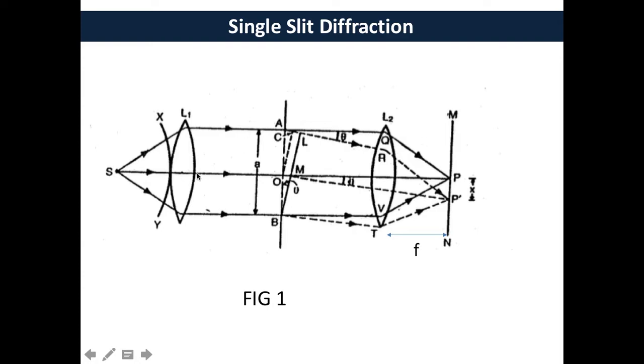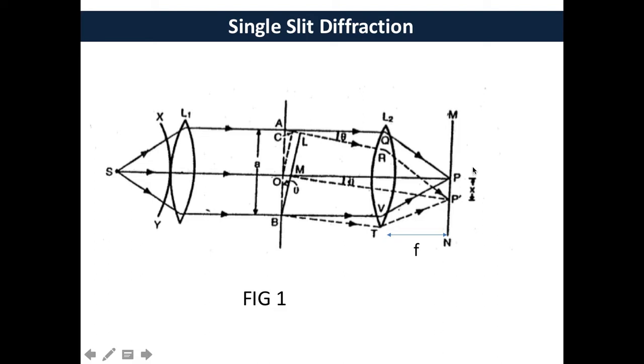These secondary waves traveling in the direction parallel to OP, AQ and BV come to focus at point P, and a bright central fringe is observed here.